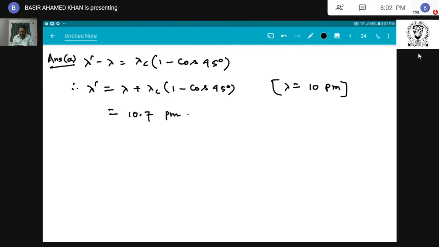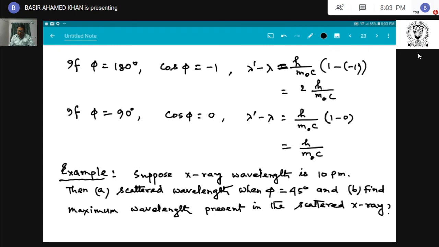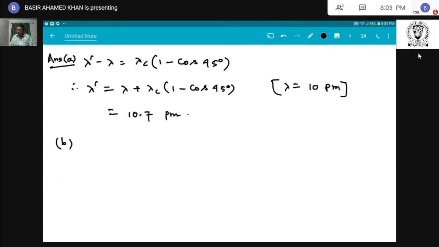And for the second, the answer is the maximum wavelength present in the scattered X-ray. The maximum wavelength occurs when lambda prime equals lambda plus 2 lambda c. That means 10 picometer plus 4.9.